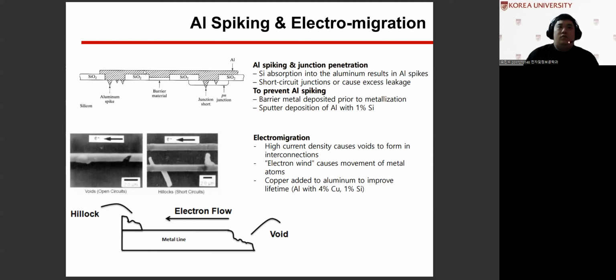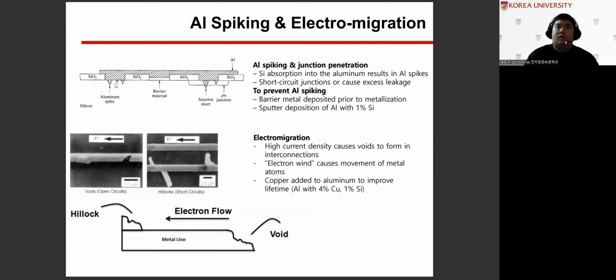Even though we used to use aluminum to connect the devices, aluminum has some bad points, such as aluminum spiking and electromigration, because aluminum is a relatively soft and light metal.